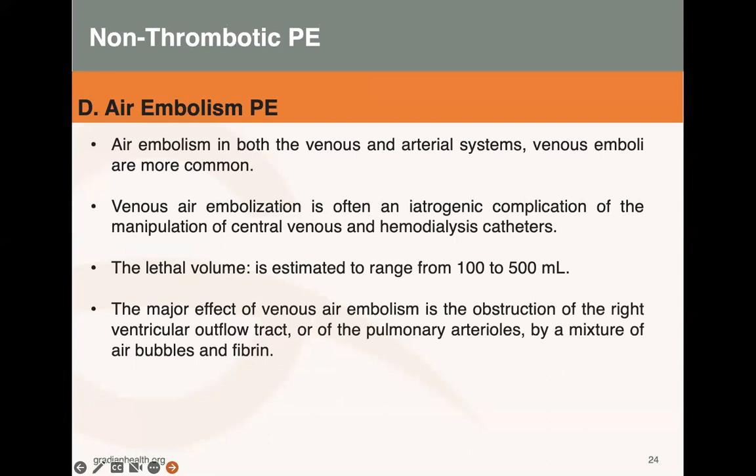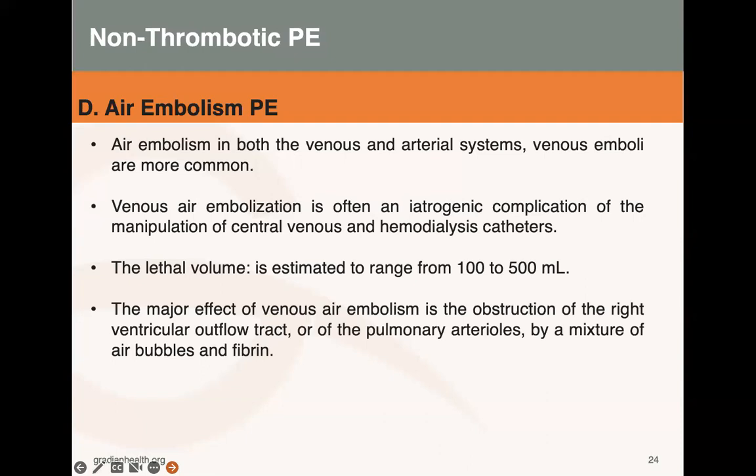So another source is air embolism. Air embolism can occur in both the venous and arterial system, but most commonly it occurs in the venous system. Venous air embolism is often an iatrogenic complication of manipulation of central venous and hemodialysis catheters. But as I said earlier, it can also happen to divers. Once they rise up quickly, due to the changes of pressure, emboli can be formed and enter the circulation.